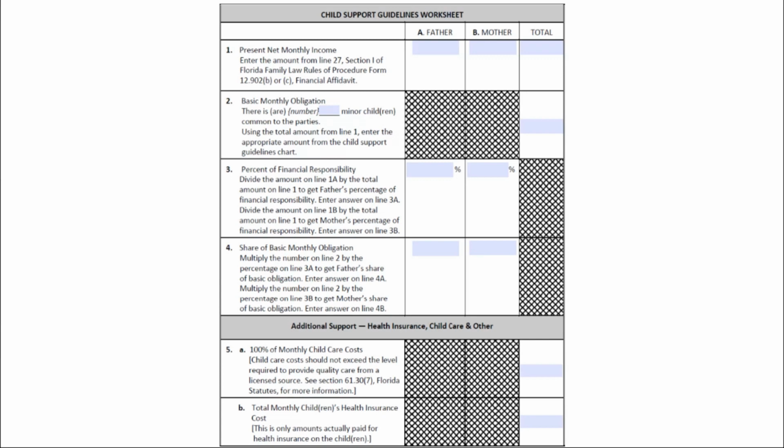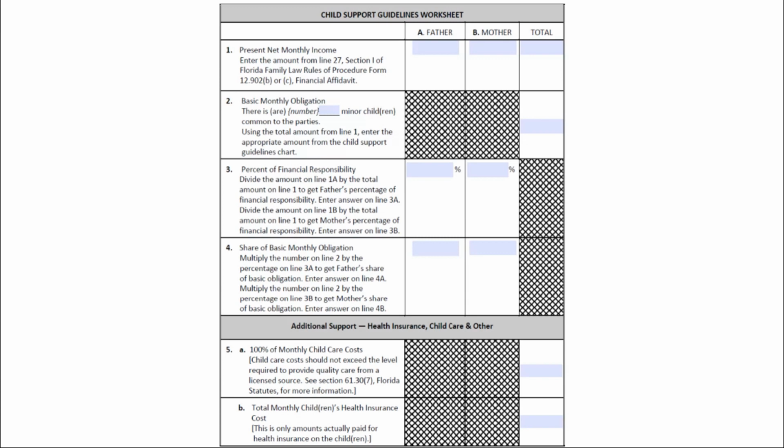Subsection 5A requires you to list the total amount of monthly child care costs. That is, 100% of the amount paid every month for child care must be entered in the total column provided. Child care costs should not exceed the level required to provide quality care from a licensed source.